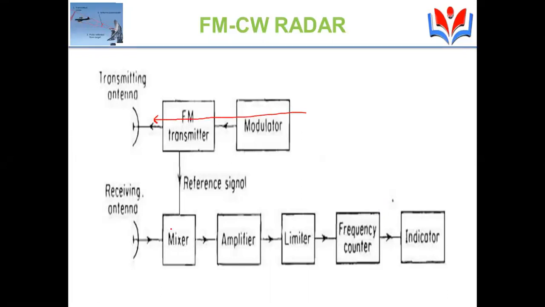If you go for reception, the frequency modulated signal that is transmitted will reach the target. Here the target will be the radar target, let us take it as some flight. The signal is reflected and received by the receiving antenna.